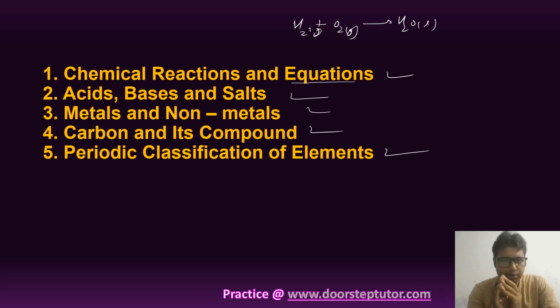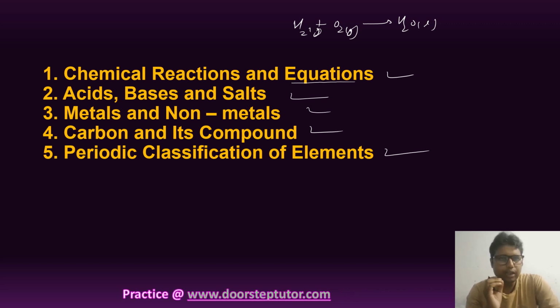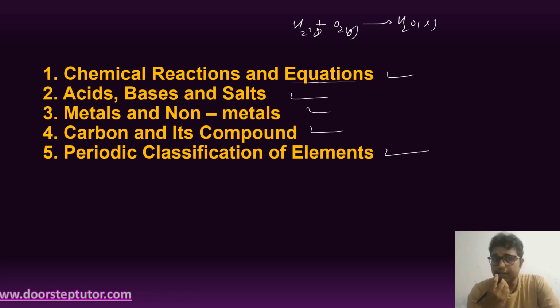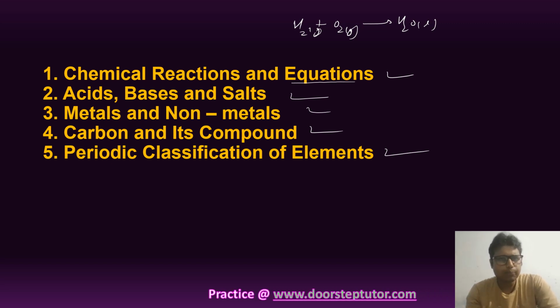We will also understand about this when we are talking about acids, bases and salts. We will understand what an acid is, what a base is, and what a salt is. First of all, we will try to identify the basic definition to categorize any substance as an acid, base or a salt.